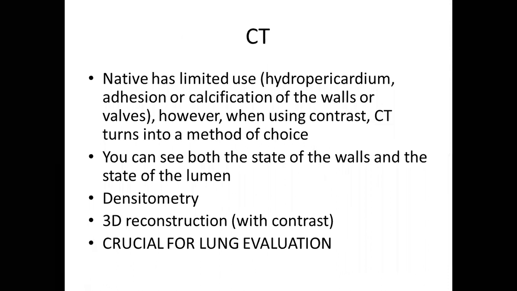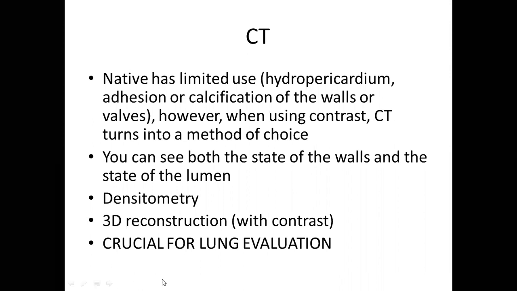CT scan. If we are talking about plain CT scan, it has limited use in understanding primary heart pathology. So in most cases, the first image is a CT scan without any contrast, and then we make some sequences of contrast studies, because without it we can't differentiate between cavity and lumen and walls.